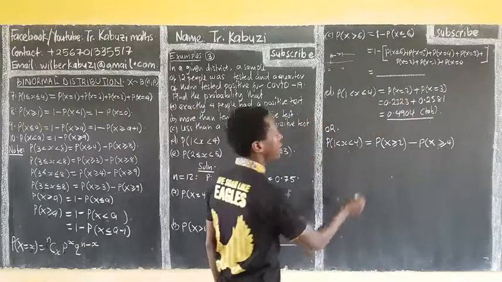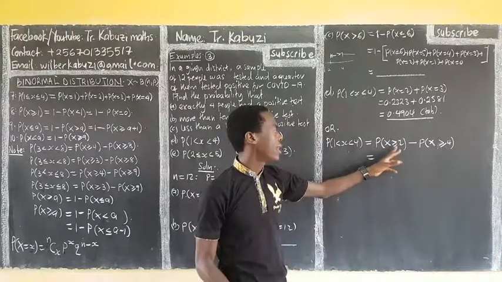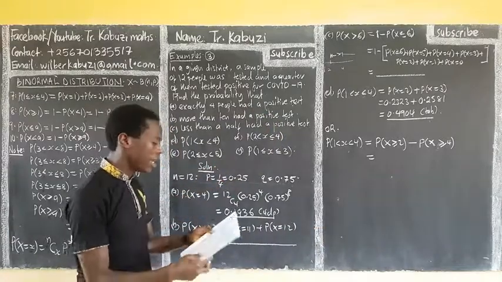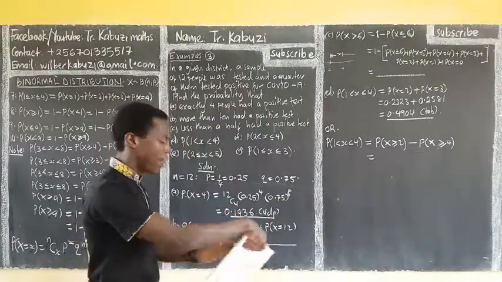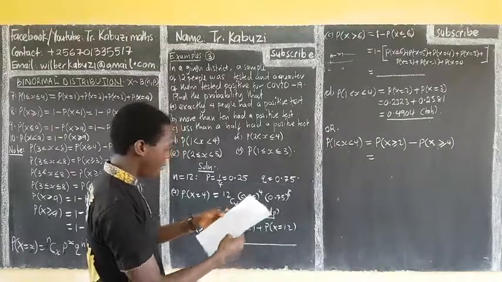So now these ones, we said you can read them from cumulative. So you go to cumulative, you read this. For now, I think everyone knows how to read them from the table. So when I read them, I have 12.